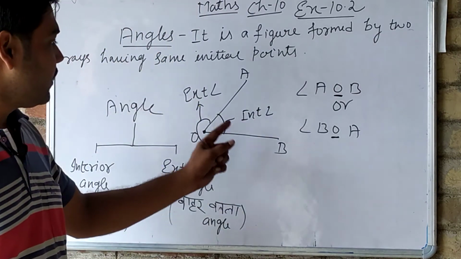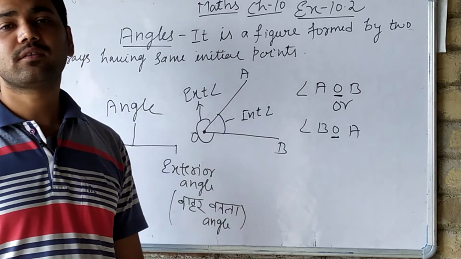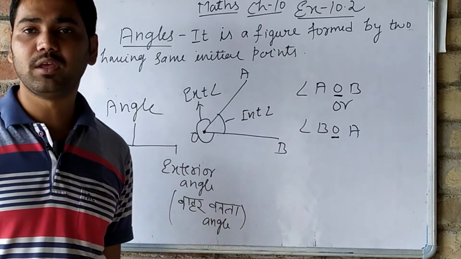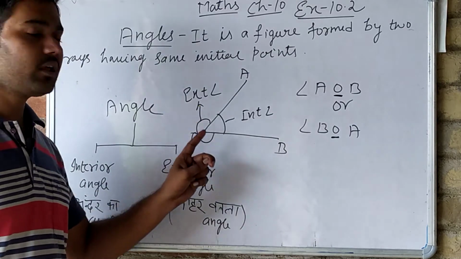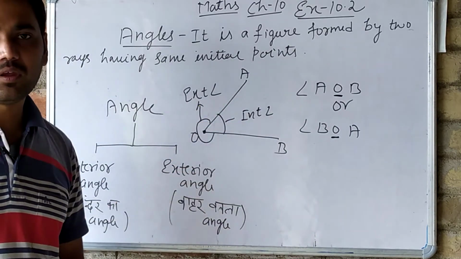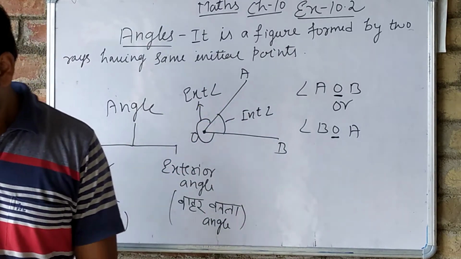Interior angle means the angle which is inside the figure AOB. Second one is exterior angle, which is the outer angle of AOB.